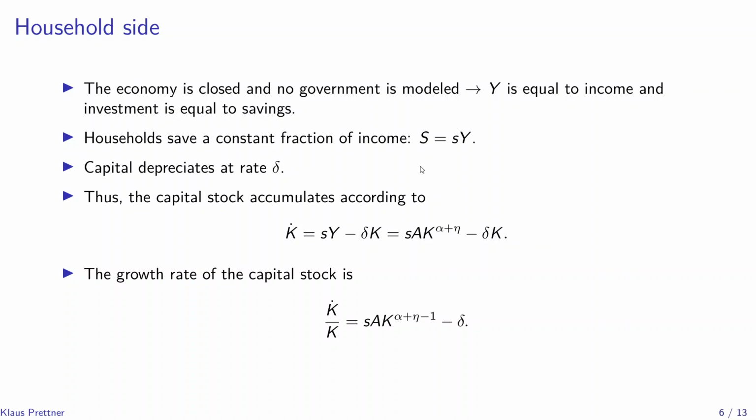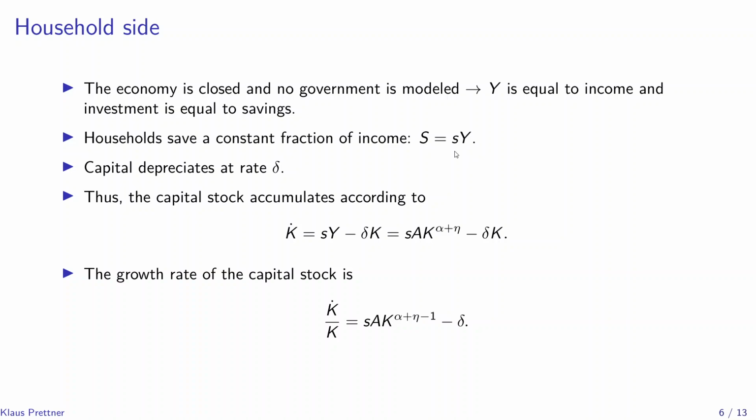But first we specify the household side of the model. And first we do so according to the Frankel version of the model, where it's assumed that the economy is closed and no government is present, such that Y is equal to aggregate income and investment is equal to aggregate savings that we have in all closed economies without a government.